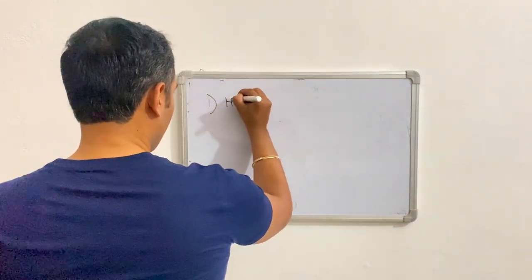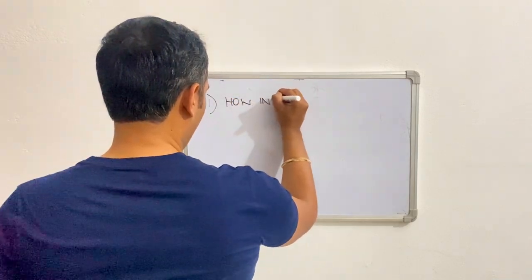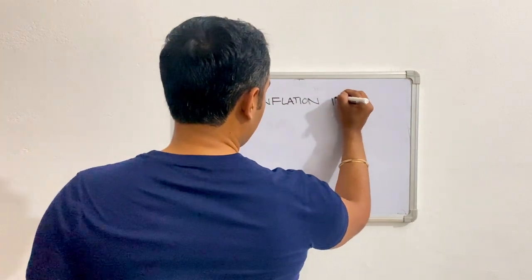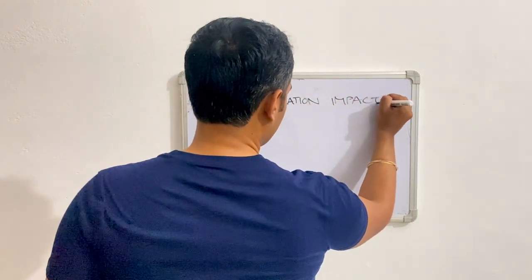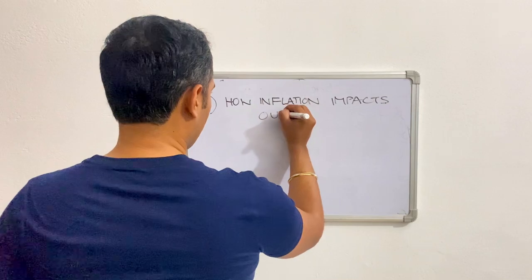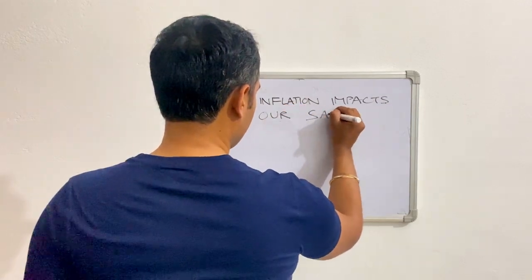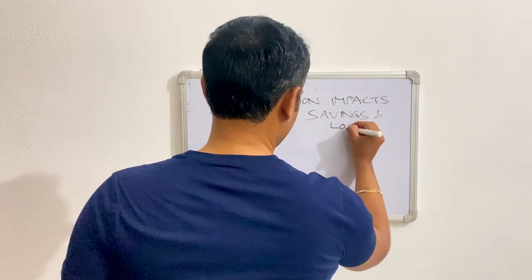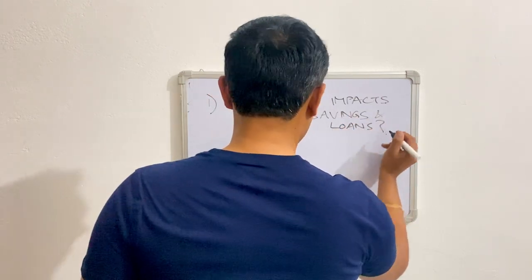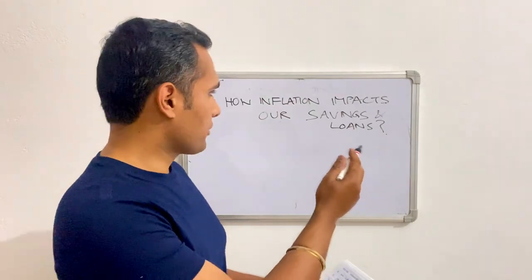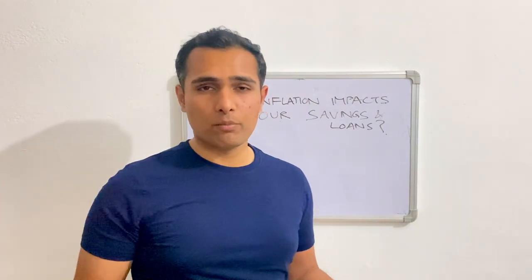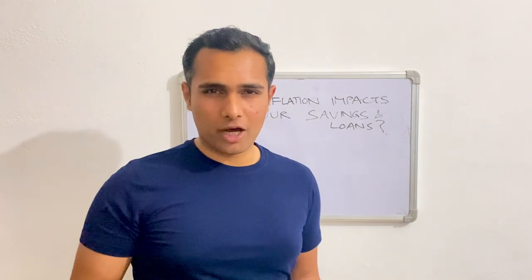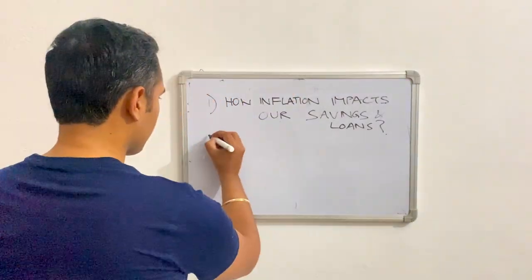First is how inflation impacts our savings and loans. Now, how does inflation impact our savings and loans? This is one of the more advanced concepts which you must know in order to be prepared for the RBI Grade B exam.